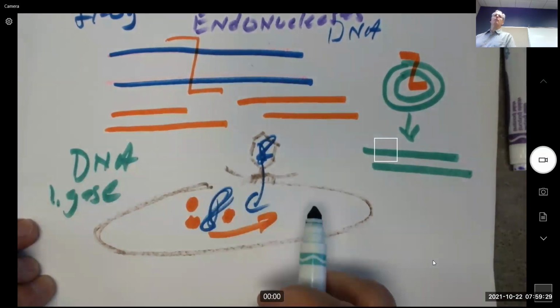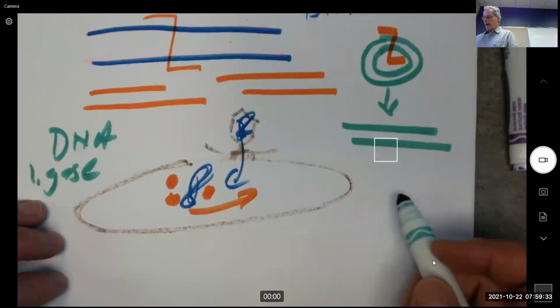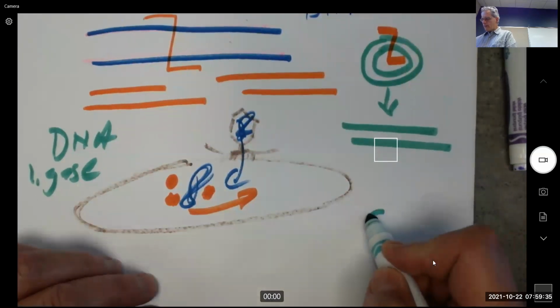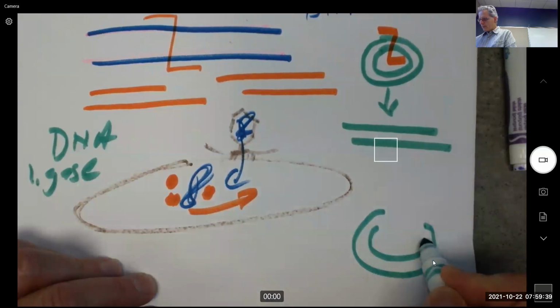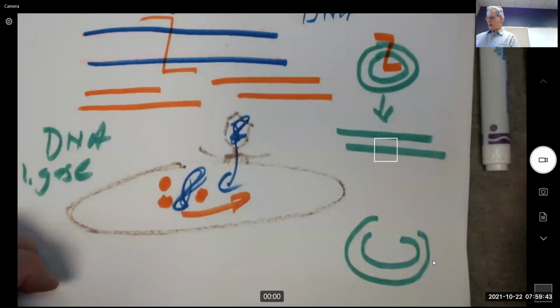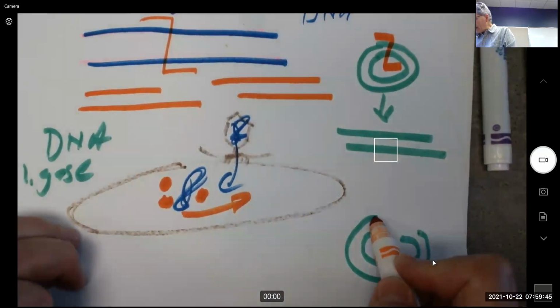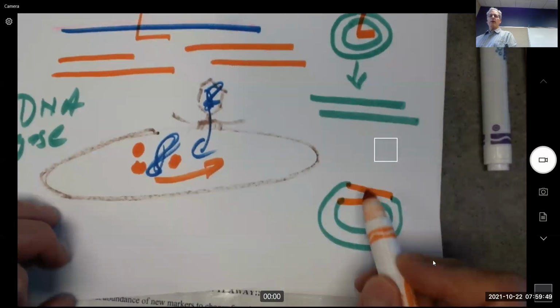DNA ligase, you'll remember, plays a role in DNA replication. And you can then get a molecule that is part frog, part bacterium, can't you?